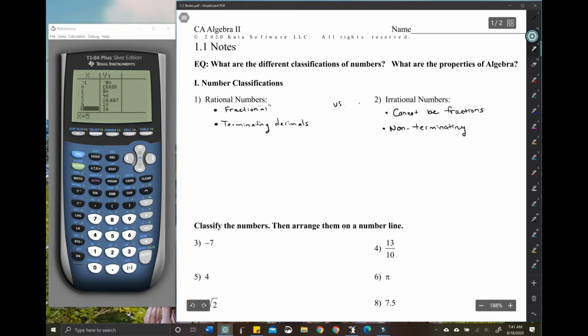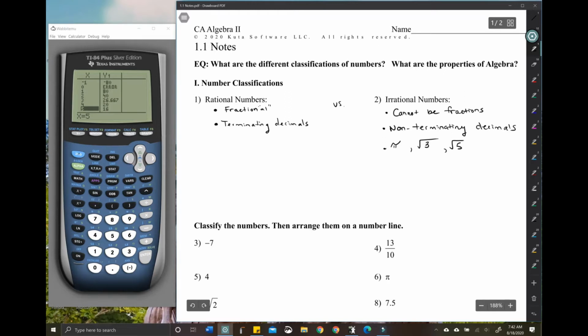Most likely, these types of numbers, if you're familiar, are like the number pi. It goes on and on forever. If you see non-perfect square roots, like the square root of 3, the square root of 5.